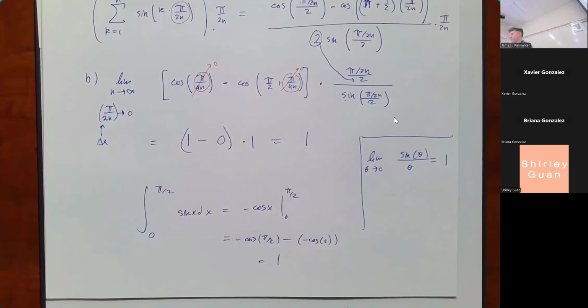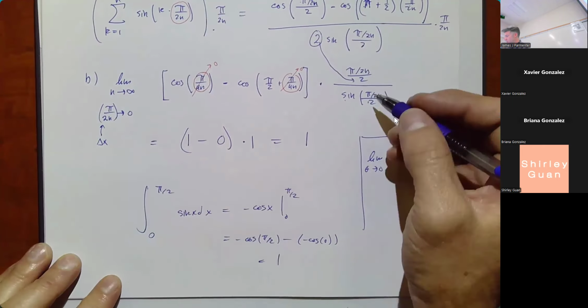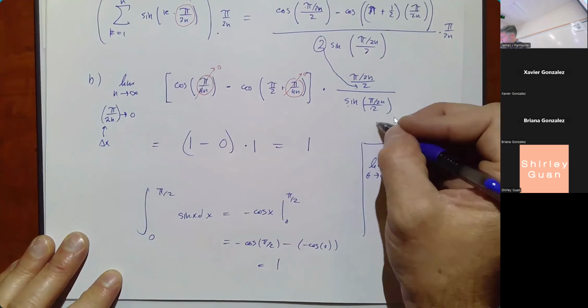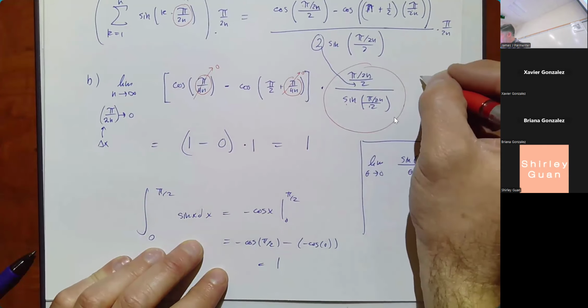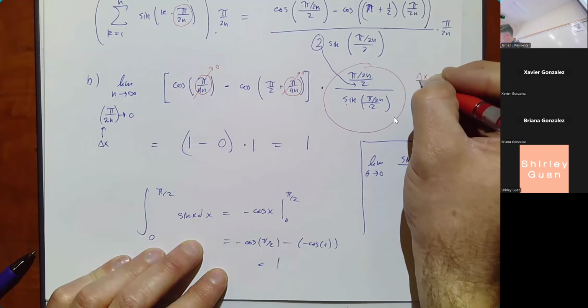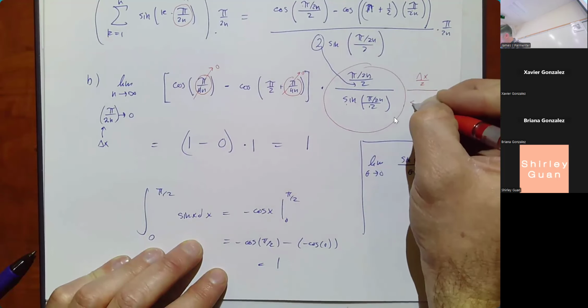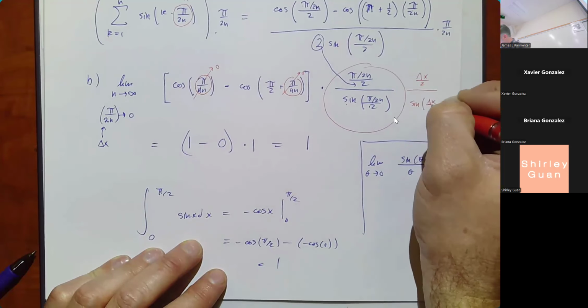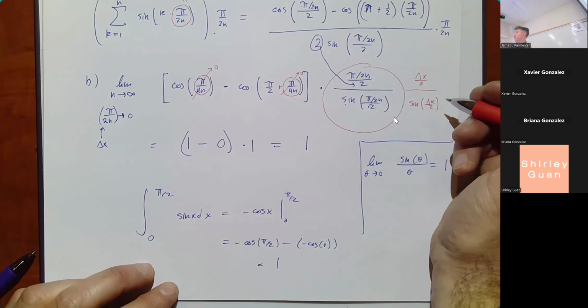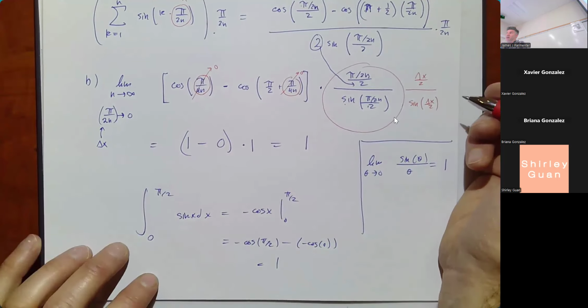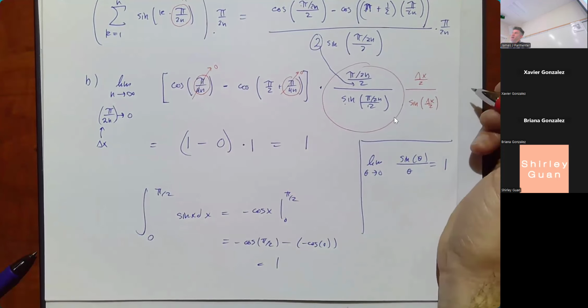I think the reason you wrote it that way is because you could think of this part right here as delta x over 2 over sine of delta x over 2. So maybe it's a little more obvious that you've got the sine of theta over theta kind of thing. Maybe that's why he's writing it that way. But I don't actually know.